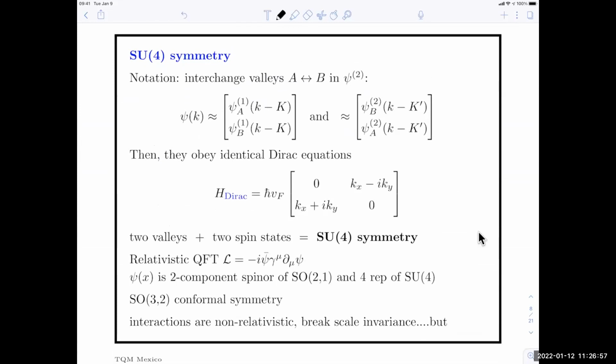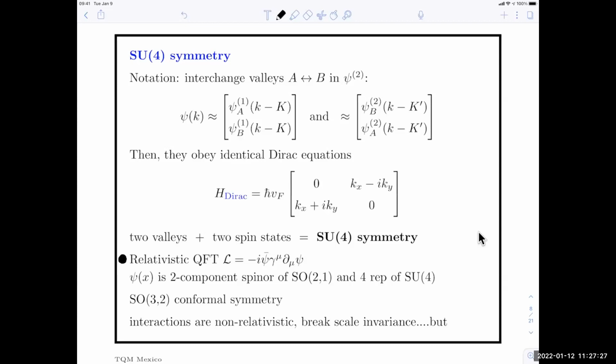And so the moral of the story is that at least in some regimes, one can model graphene in this way, by 4 relativistic massless 2+1 dimensional fermions, a very simple quantum field theory, a relativistic quantum field theory with a Dirac Lagrangian like so. The Dirac matrices here are 2x2 matrices. That also has interesting consequences.